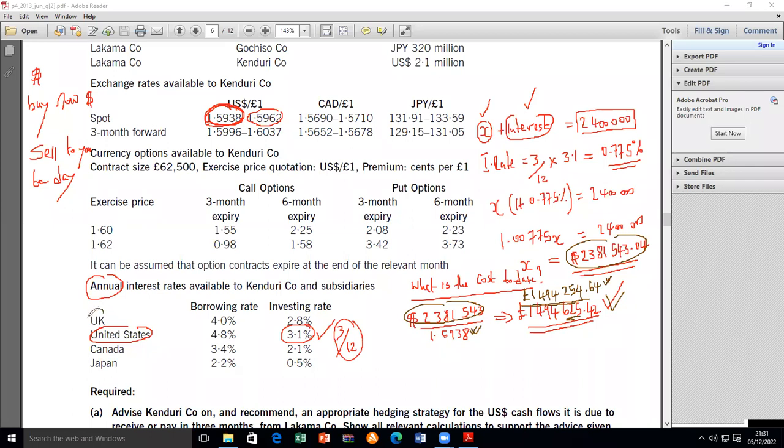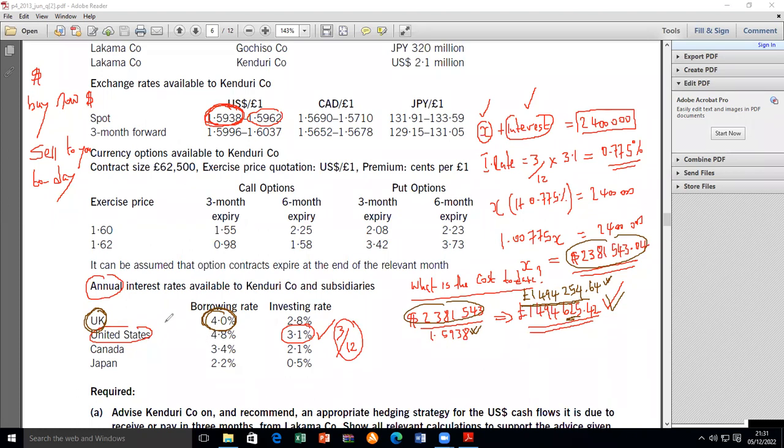Okay. So let's come to where the pound is. So what you borrowed was a pound. So when you borrow, this is the rate. This is the rate when you borrow.